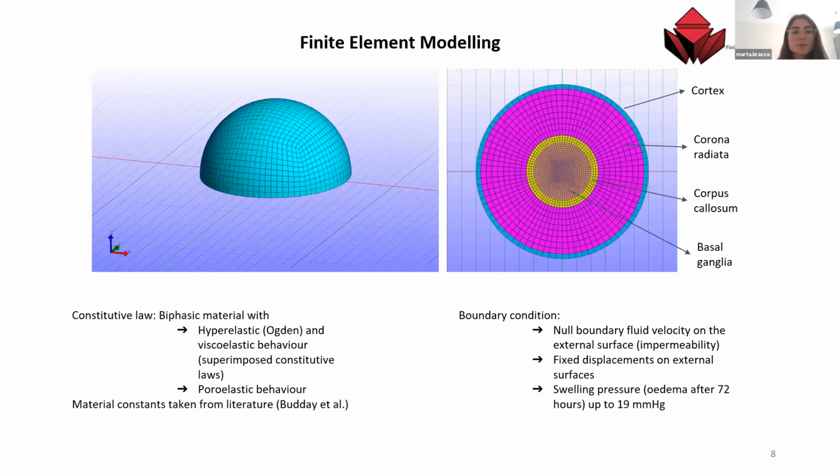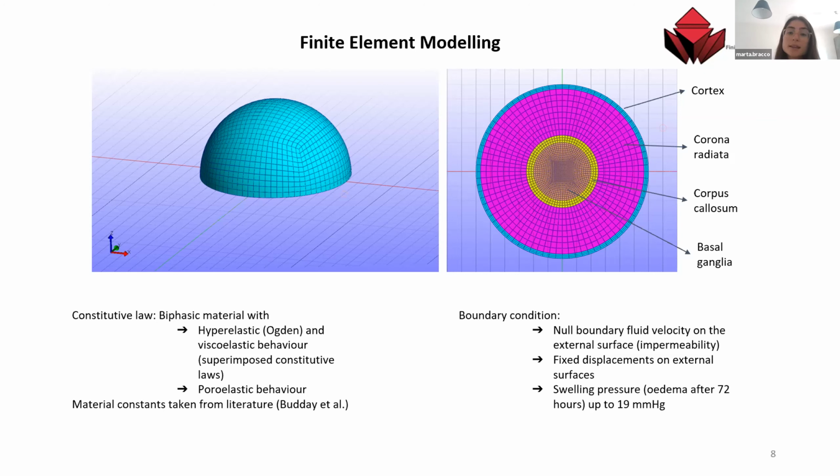So to tackle this problem, we developed a finite element model, so a structural model. We basically idealized the geometry of the brain as half a sphere. And we defined 4 layers, which correspond to 4 different structures of the brain. So we have the innermost layer, which is the basal ganglia, the corpus callosum, the corona radiata, and the cortex.